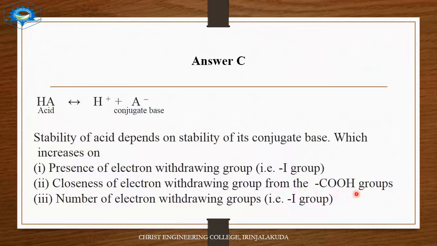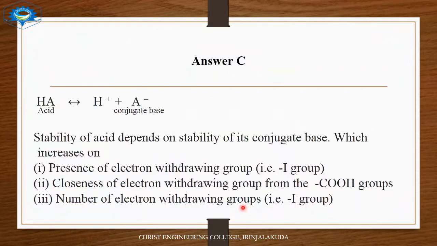Then the closeness of the electron withdrawing group to the COOH group. It's an acid, so it mainly contains a COOH group. As the closeness increases, the stability and acidic strength increase.